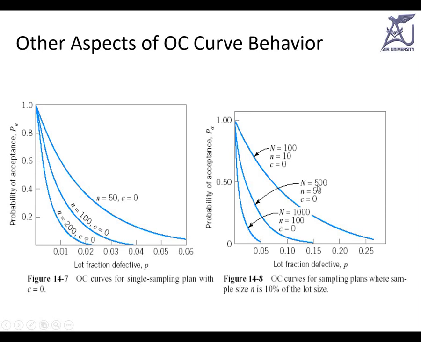But it is still 10%. Here you can see 10%, it is also 10%. So again this curve is getting a downward trend, and it is going to do, you can say, perfect discrimination between the good and bad lot. And perfect discrimination means that the OC curve will be an ideal OC curve, which we discussed earlier.